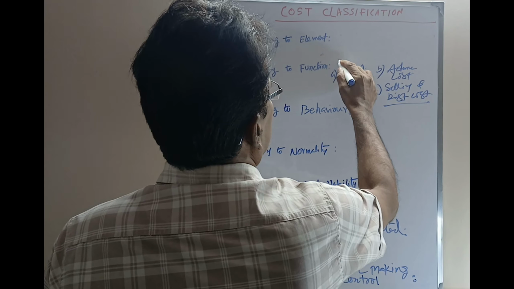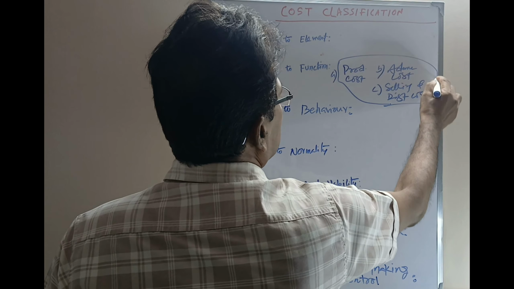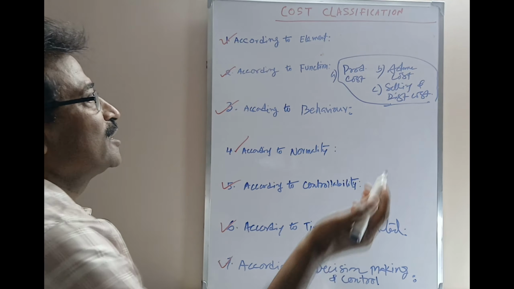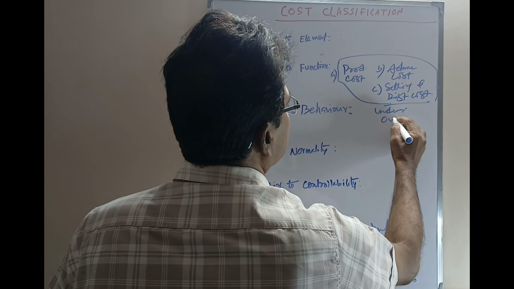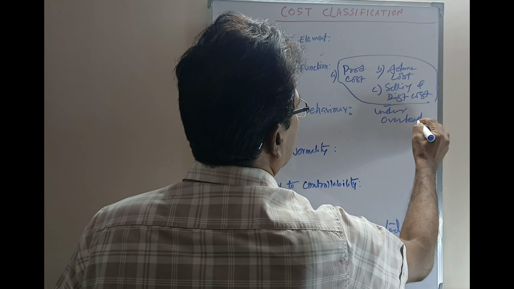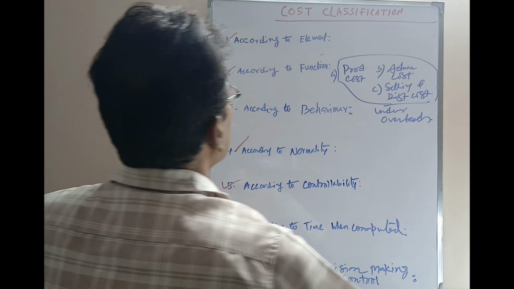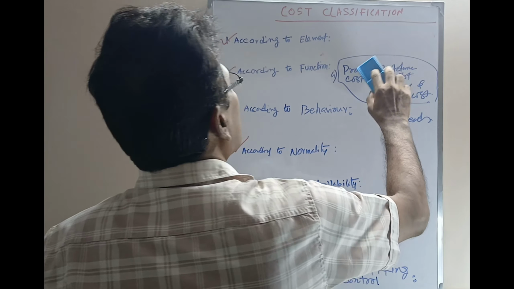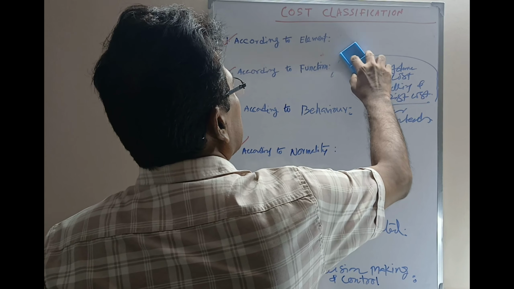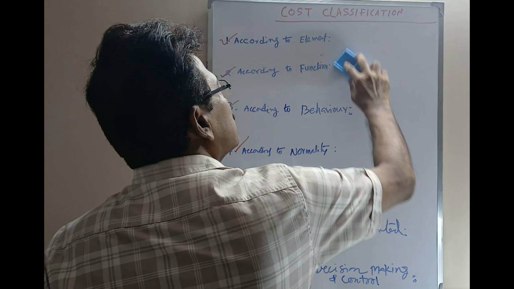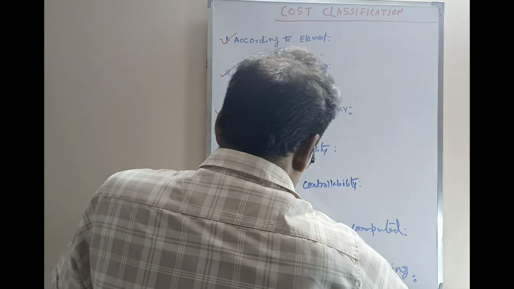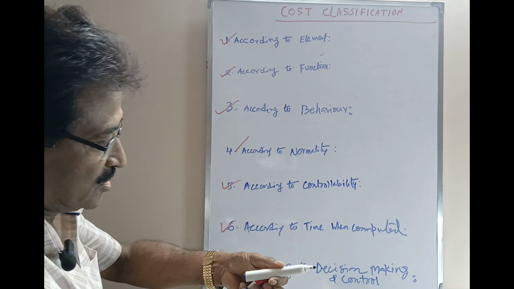These are also discussed in detail in an earlier class under overheads. So classification as per element and classification as per functionality we have already discussed in our earlier class.